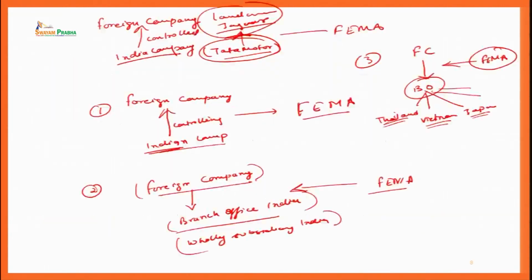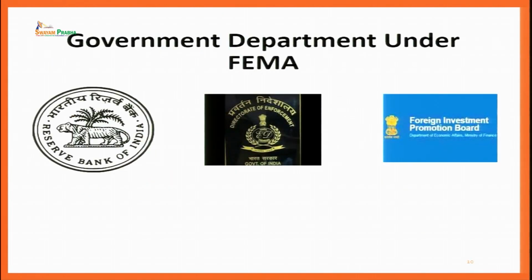Right. So, let us look at the various government departments under FEMA. RBI is setting the regulations, the Government of India is setting the rules for FEMA, and the Directorate of Enforcement is ensuring the proper and smooth execution. If anyone is found to be violating, they are the people who are going to take action and who will be conducting the interrogation. Right.